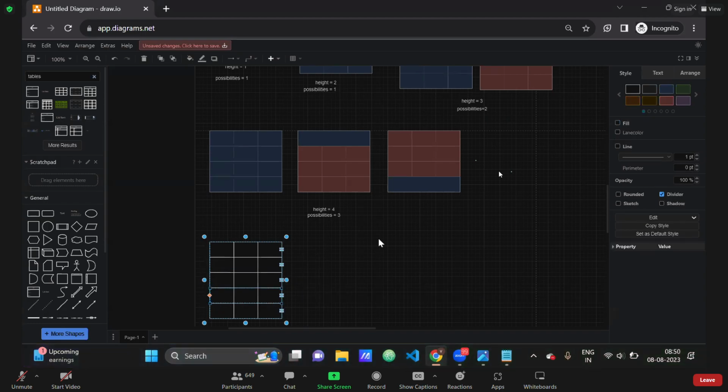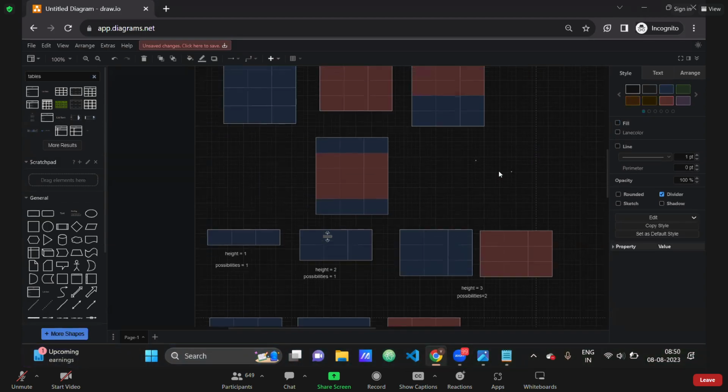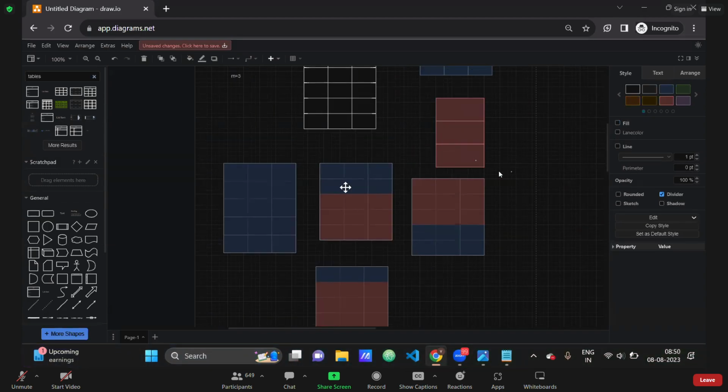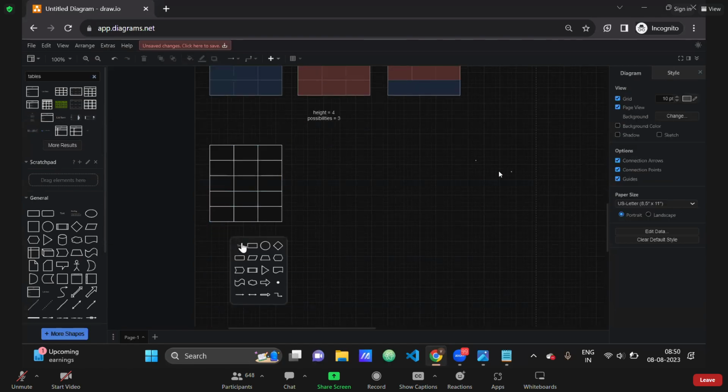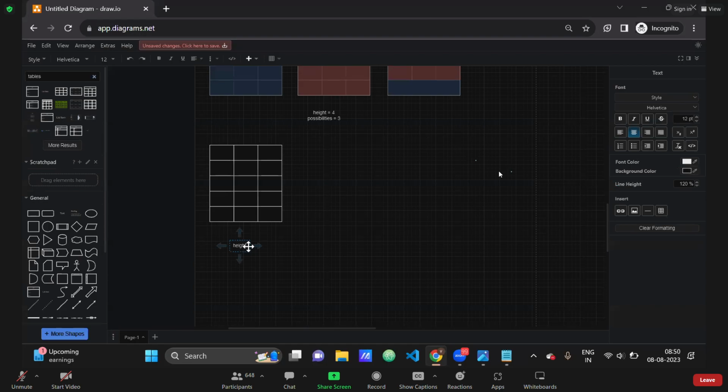So you all know. So we have done it, right? For height 5, you have 4 possibilities that we have discussed directly. Possibilities 4.